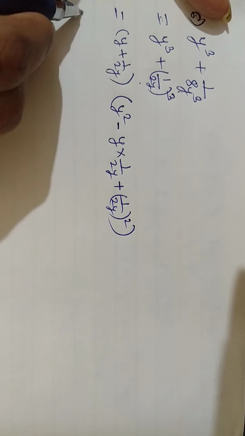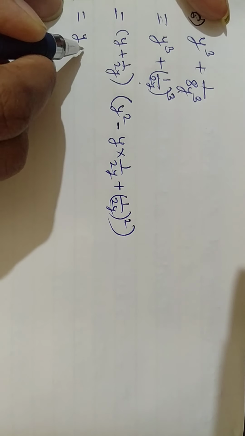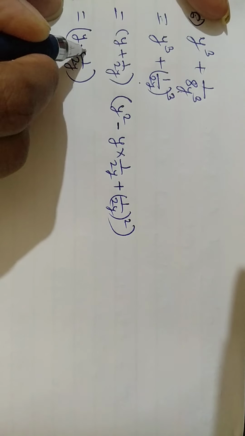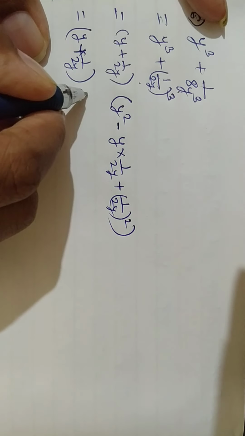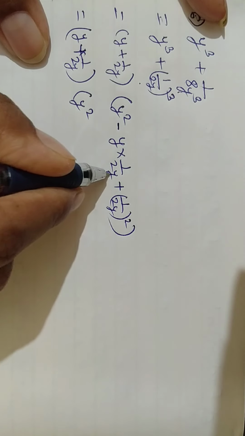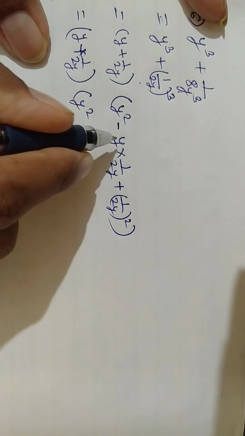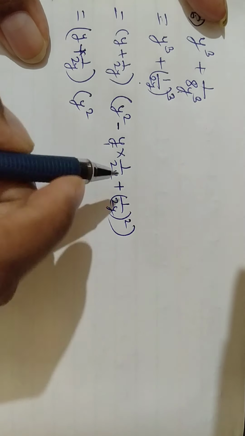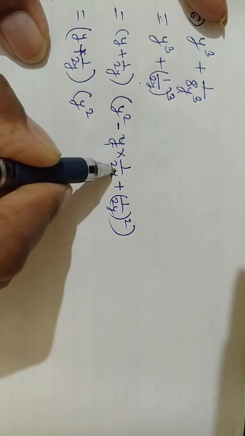Now solve this. First bracket as it is, y plus 1 upon 2y, second bracket y square, here see y is there in the denominator and this is in the numerator. Here nothing is there means 1 is there in the denominator. So y and y will get cancelled.